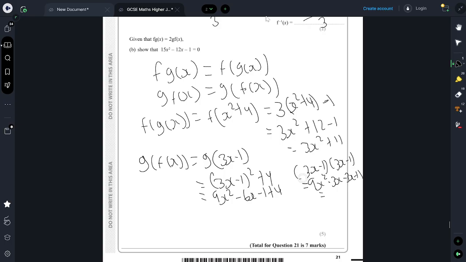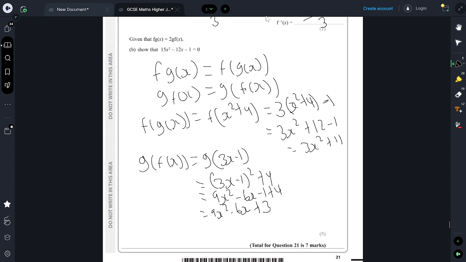So that's where that comes from. But obviously, if you're a bit more confident with it, you can skip that. And that obviously then simplifies to 9x squared minus 6x plus 4 minus 1 plus 3.